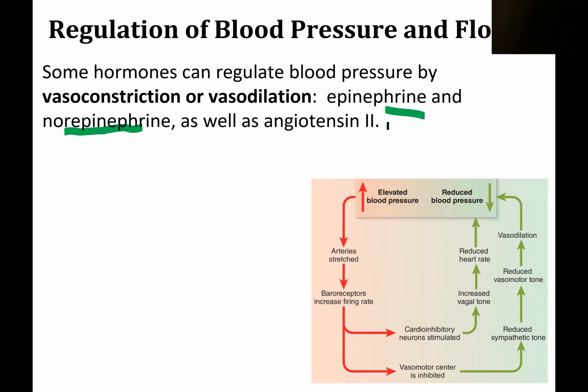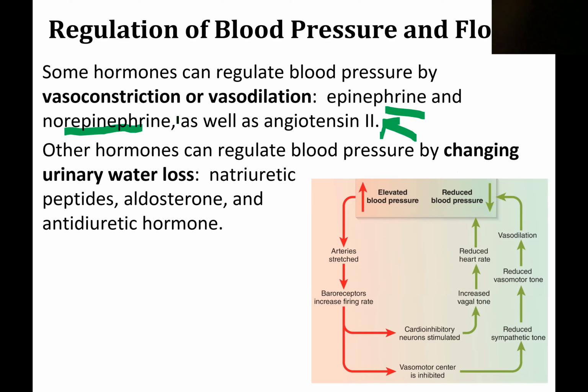Angiotensin II is going to specifically affect blood vessels in the kidneys. So, vasoconstriction or a vasodilation in the kidneys.